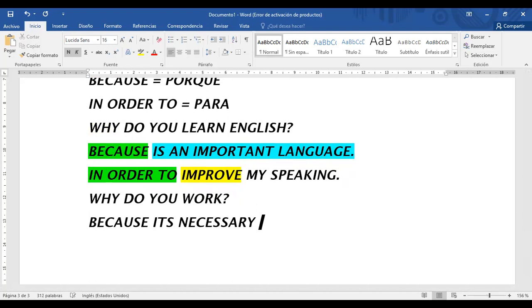Exactly, because it's necessary to live, no? And why do you work, using in order to? In order to get money. Perfect, my friend. Exactly, that's the way. In order to get money.